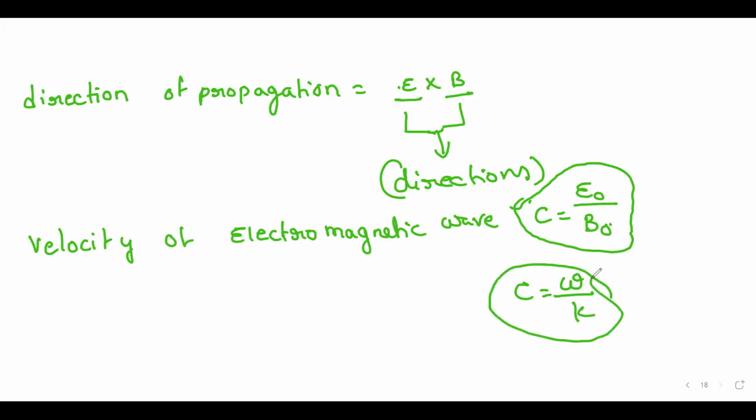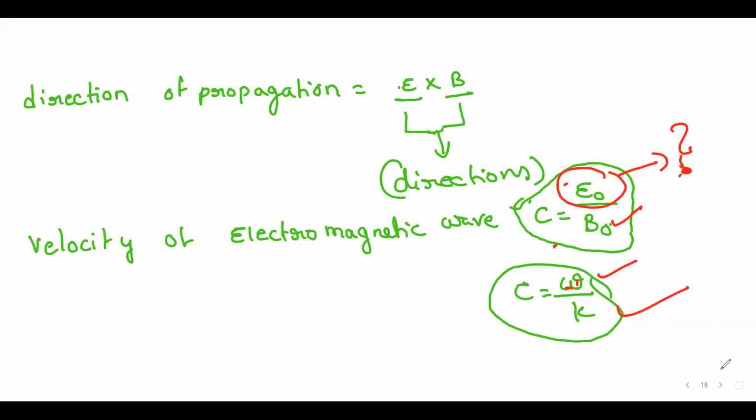So if they give omega and k, and if they ask you to find E naught, you have to use these two formulas. Nice.